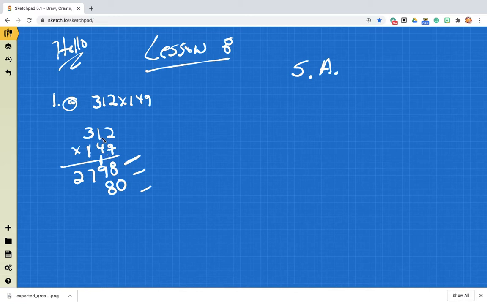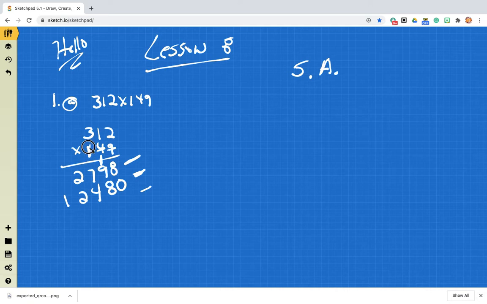So we're going to put a 4 in the hundreds place. 4 tens times 300. Well, 4 times 3 is 12. 4 tens times 300 is going to be 12,000. Okay? And we're done with the 4. That's our second partial product.